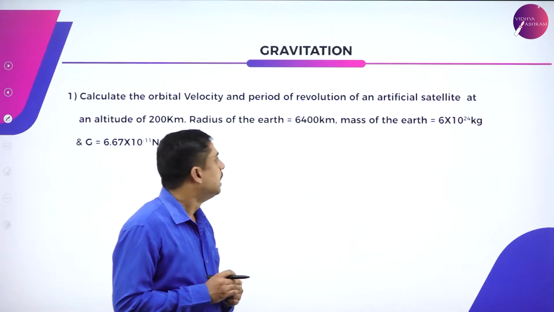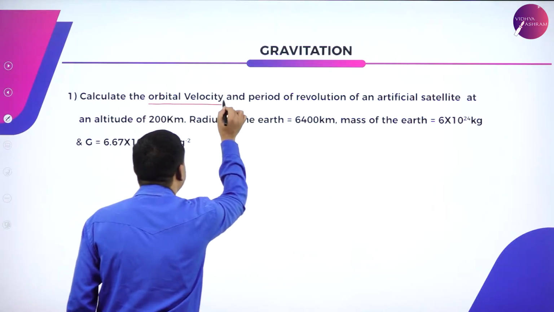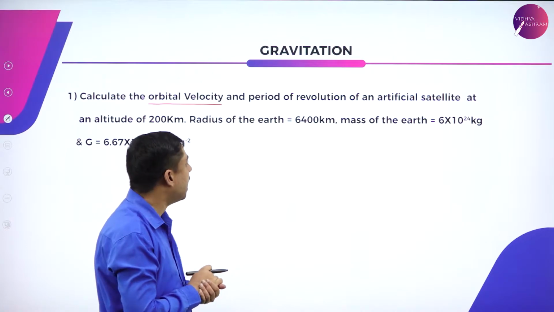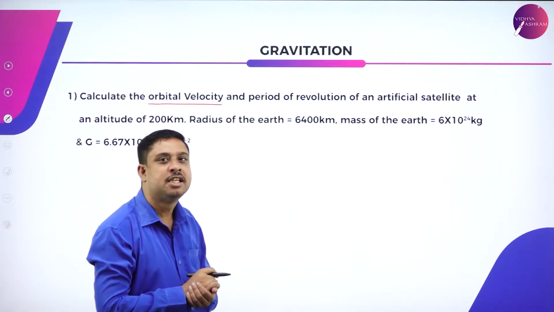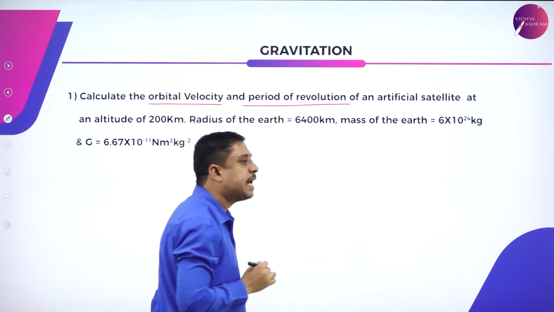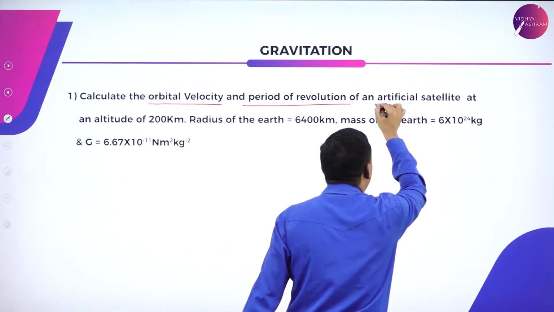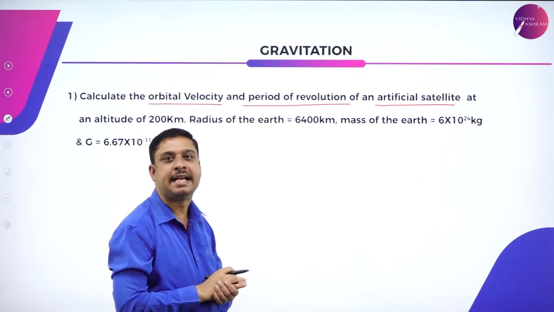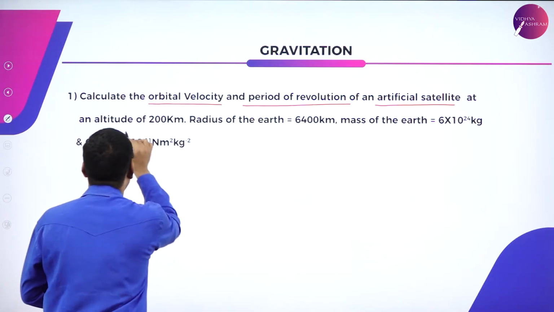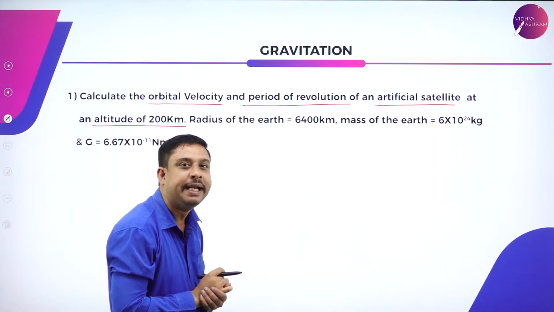Now, the next question says, calculate the orbital velocity and period of revolution of an artificial satellite at an altitude of 200 kilometers.